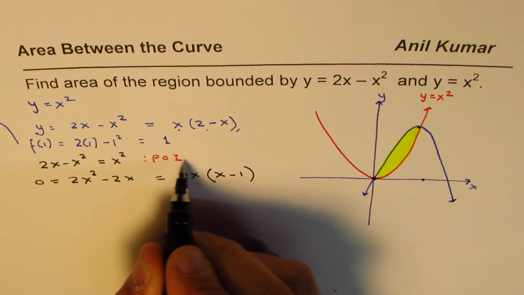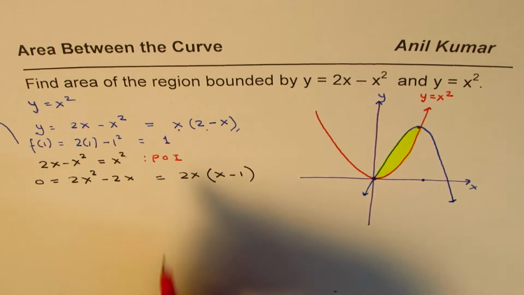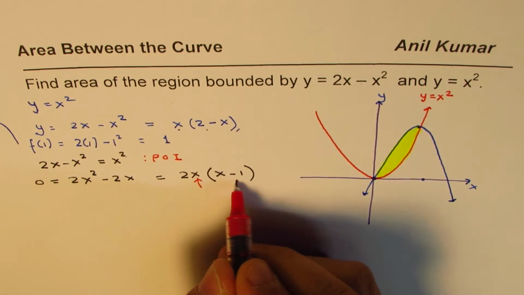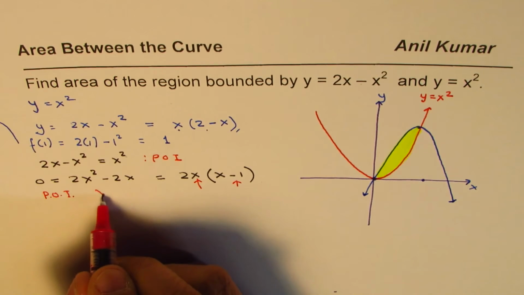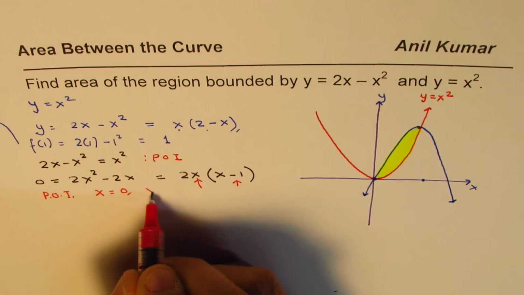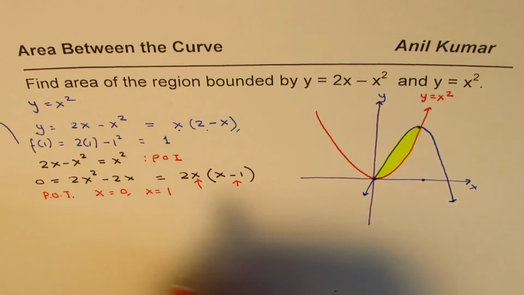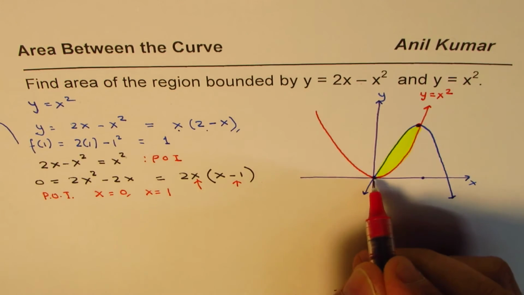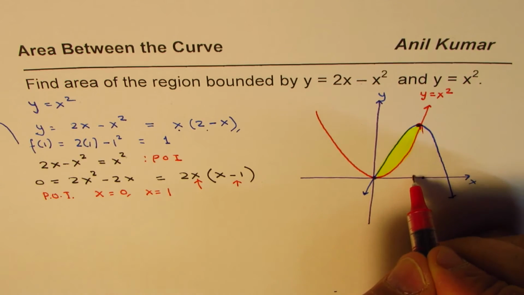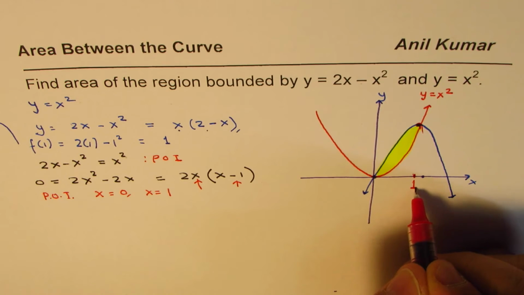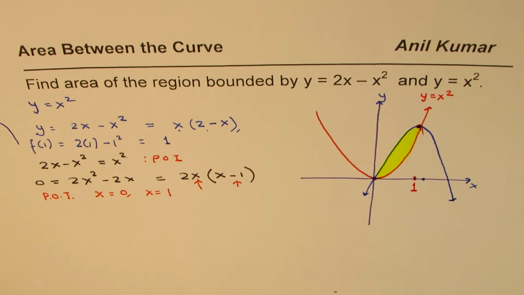So the points of intersection are at x equals 0 and at x equals 1, right? So these two are the points of intersection, and let's say this is 1. So these are the points of intersection for our graph.